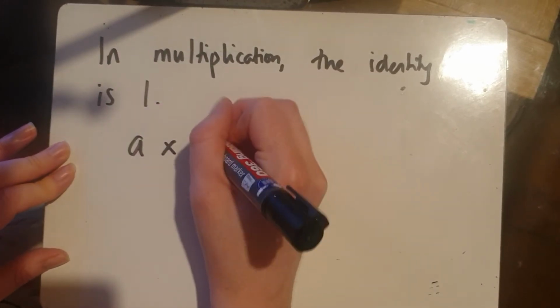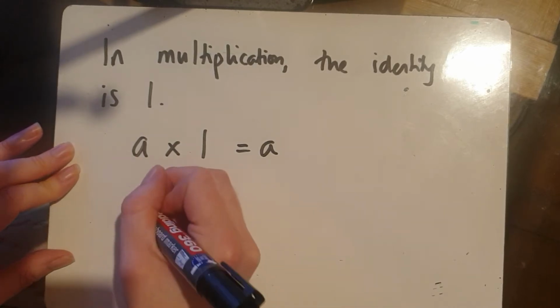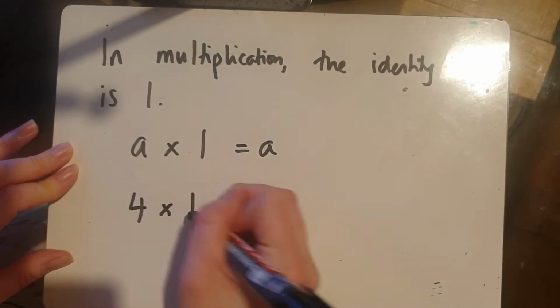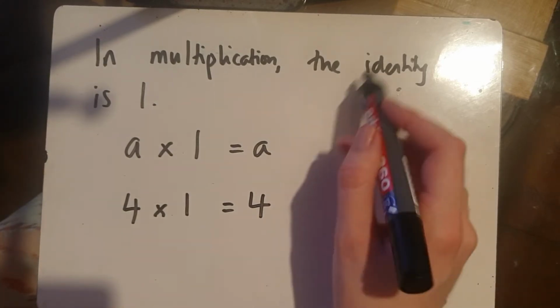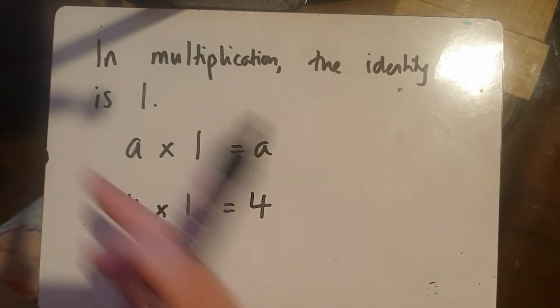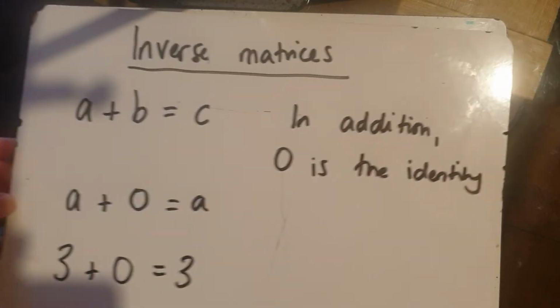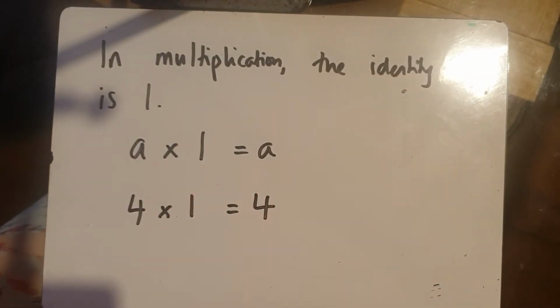A times 1 is a. A has remained the same value. 4 times 1 is 4. So an identity under any operation is whatever preserves the value of the number or object it's applied to. In addition, 0 is the identity. In multiplication, the identity is 1.